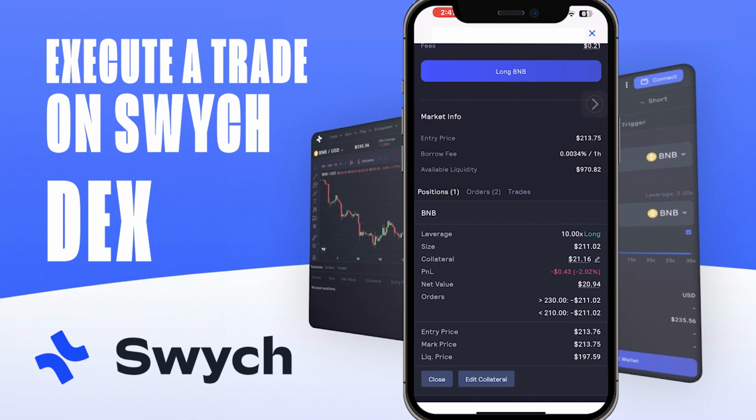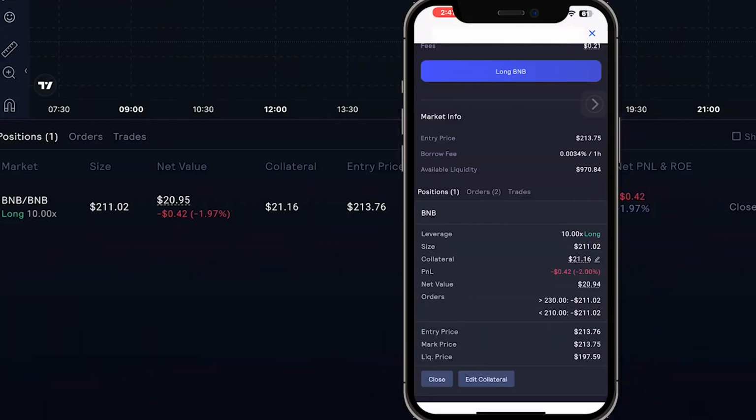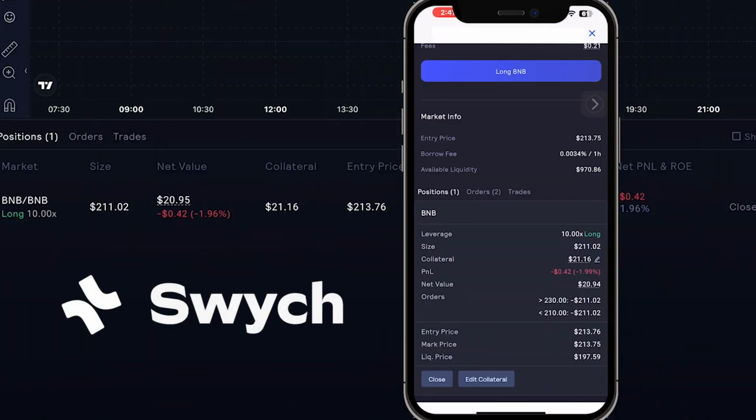At the time of the recording, of course, I envisioned BNB to go up. And so you can see it right here, where it has my expected profit and loss, my collateral size, the leverage at 10x, take profit, entry price, liquidation price.